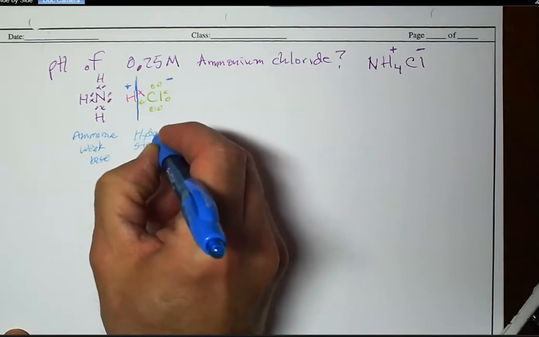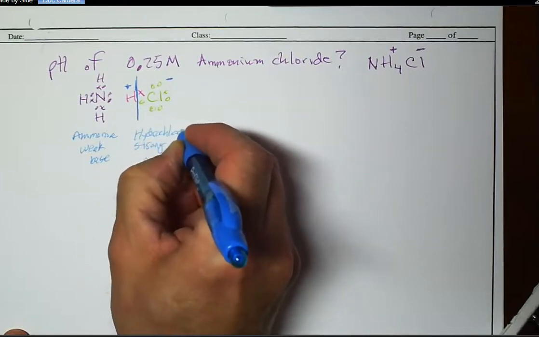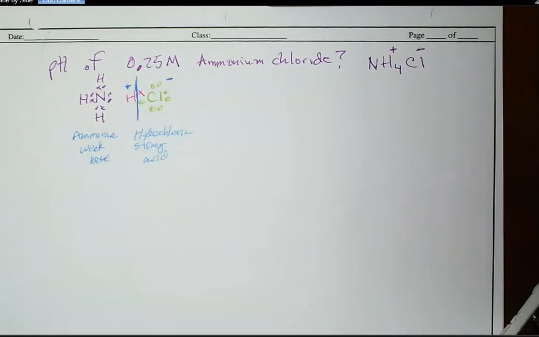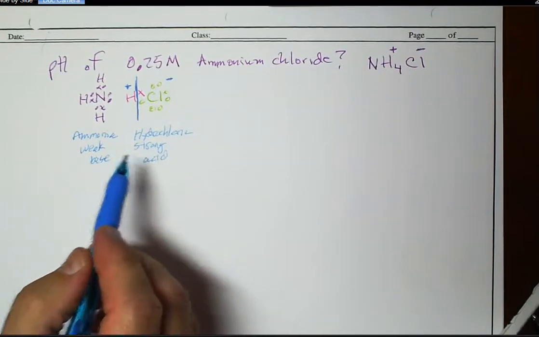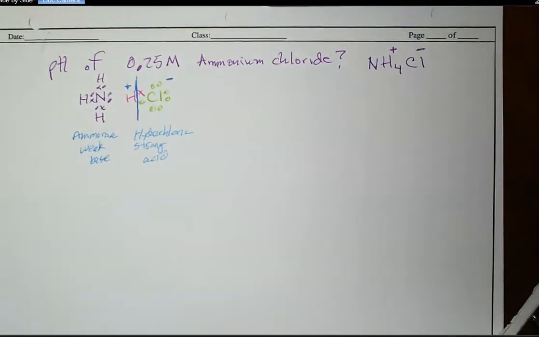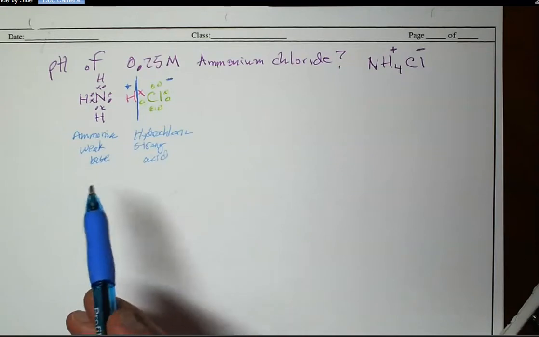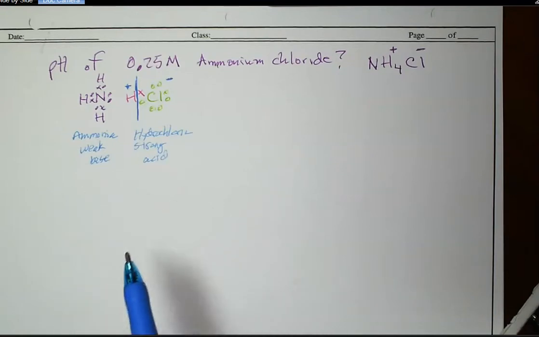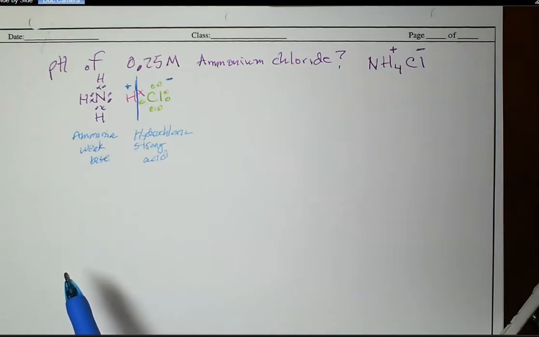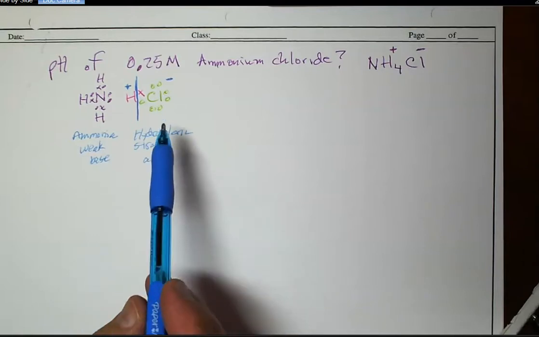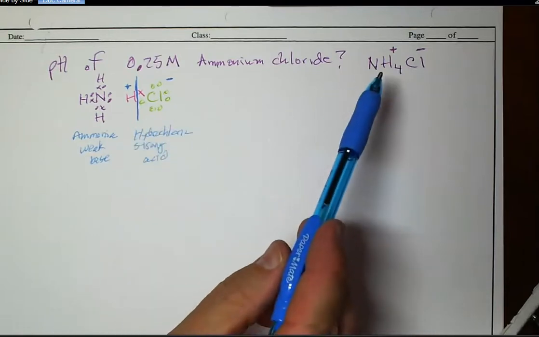I'm going to call it hydrochloric here. Hydrochloric acid, a strong acid. So when a strong acid and a weak base encounter each other and neutralize each other to form a salt, and by the way, notice there's no water in this one, but that's okay. So we have formed a salt.